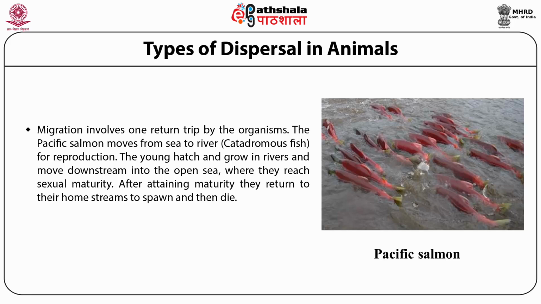After attaining sexual maturity, they return to their home streams to spawn and then die. These fishes are called catadromous fishes, and this type of migration is known as catadromous migration.